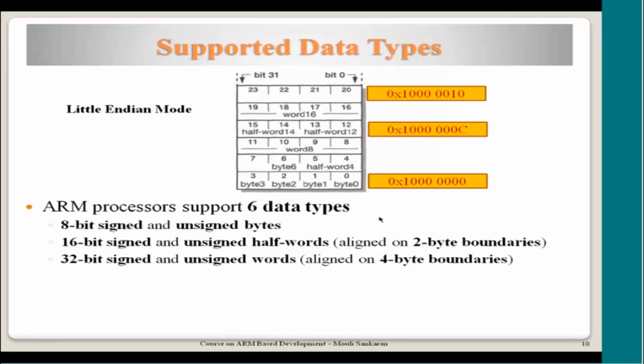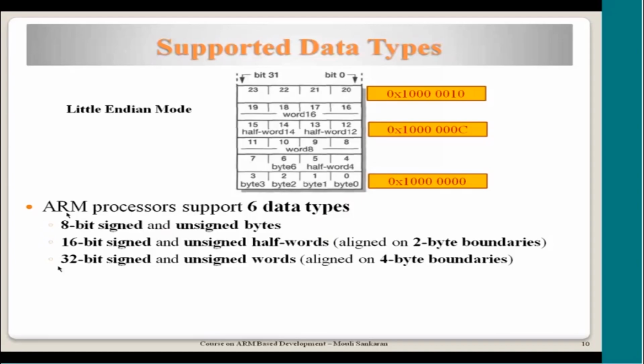Now let us see how different data types are supported by the processor. Basically it supports 6 data types, 2 each for 8-bit, 16-bit and 32-bit data. But if you remember, we said that ARM registers are all 32-bit wide, and any operation is done on the 32-bit registers. So where is the support for this in the ARM?